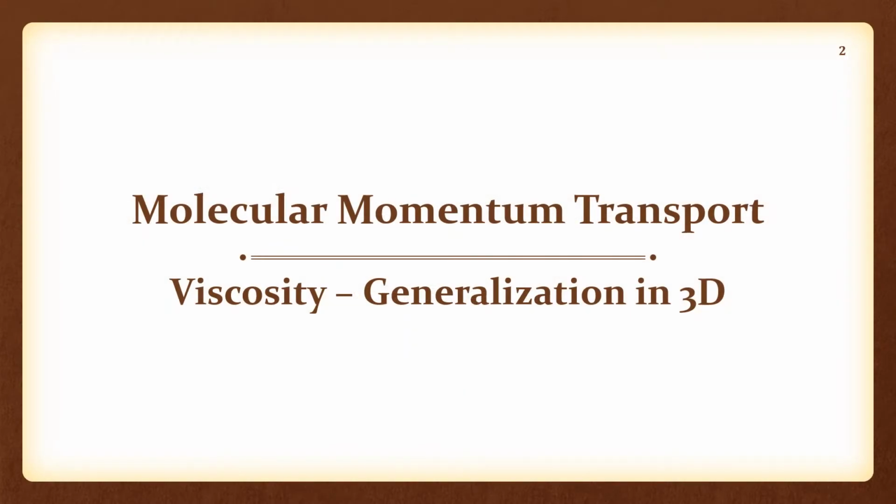Now, so far, what have we done in the past two lectures on molecular momentum transport? We talked about how, using two examples, molecular momentum transport occurs in fluid flow. Particularly, we restricted ourselves to laminar flow.